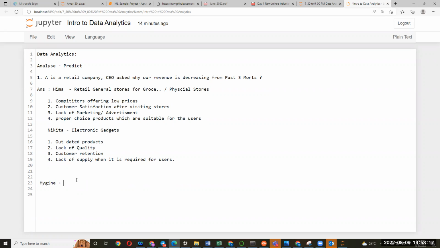Okay. Lack of timely supply, which one will come next? Or lack of quality goods, with good presentation and particular packing.